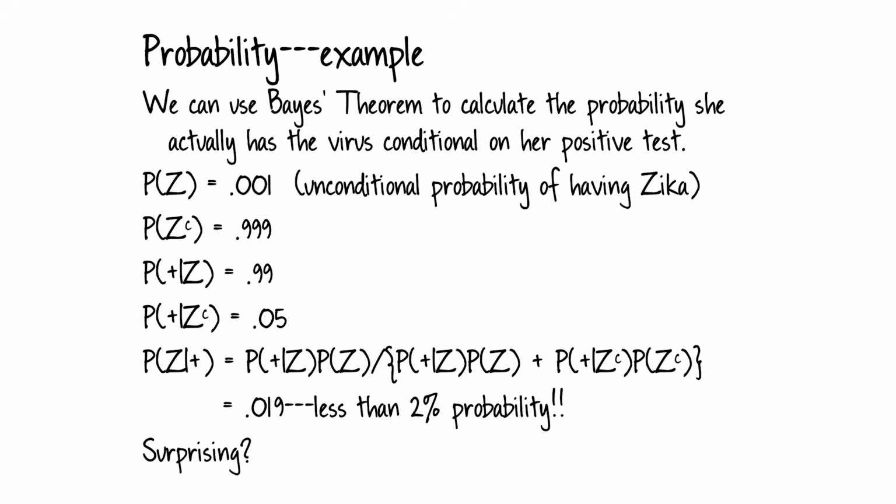So there's only 1% of false negatives on the test. And the probability of getting a positive if you don't have the Zika virus is 0.05. Okay? So we plug all of these into Bayes' theorem, and we get that the probability that she has the virus is still less than 2%.